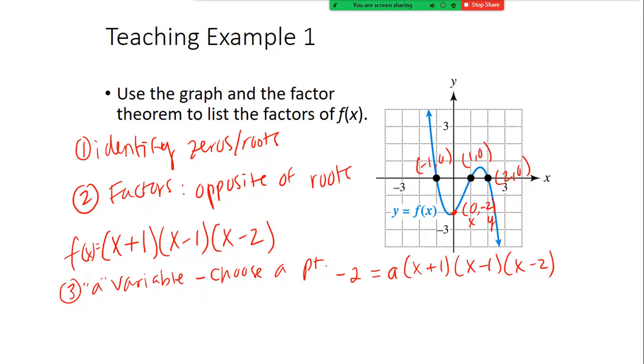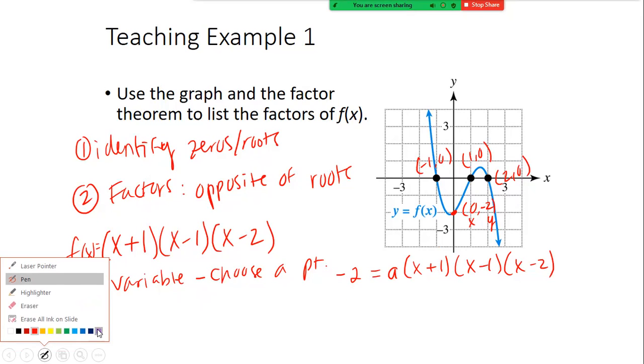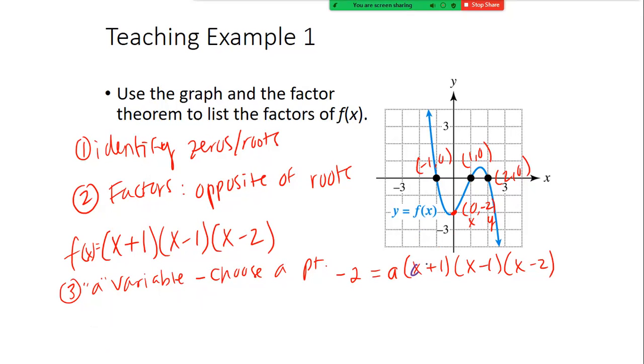For each one of these x's, I'm going to plug in 0, because what did we say x was going to equal? 0. So this is 0, 0, and 0. That leaves me with -2 equals a times 1 times -1 times -2. What is 1 times -1 times -2?